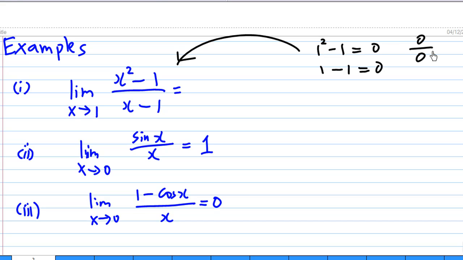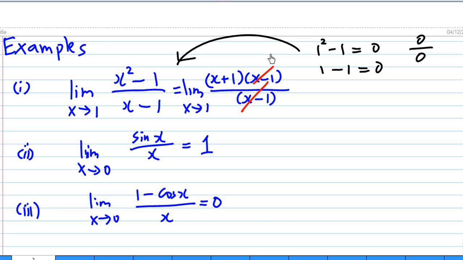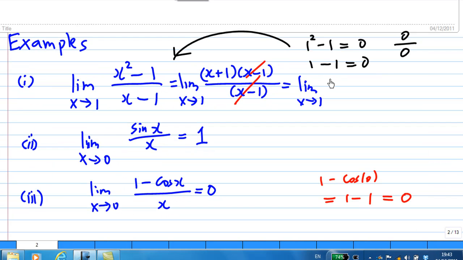But what is the actual answer? You can find the limit by factorizing x squared minus 1 as (x plus 1)(x minus 1). Because x is approaching 1 but x is not equal to 1, you can cancel x minus 1. Then you find the limit of x plus 1 when x approaches 1, which is equal to 2.